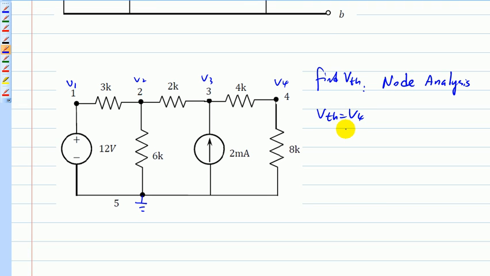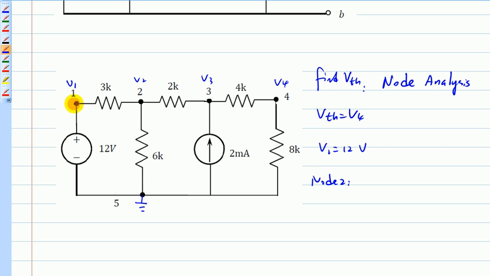So how do I find V1, V2, V3, and V4? We essentially use KCL at each node: the summation of the currents needs to be 0. For node 1, you don't have to, since V1 is just equal to this voltage here. For node 2, you apply KCL. You need to designate the positive direction here.